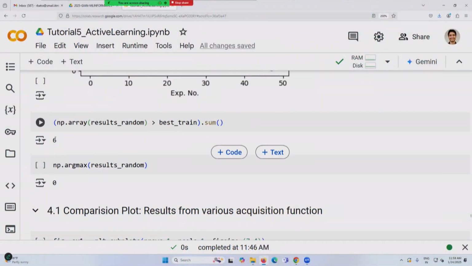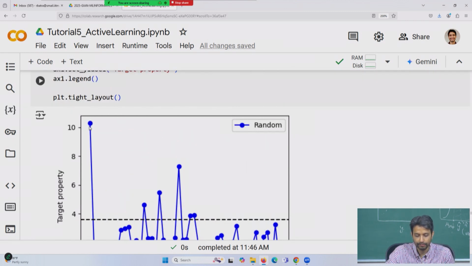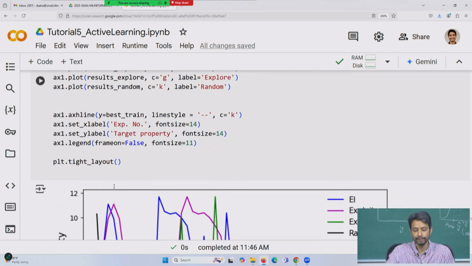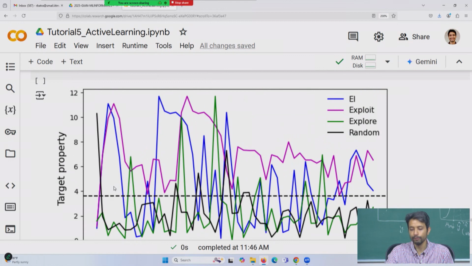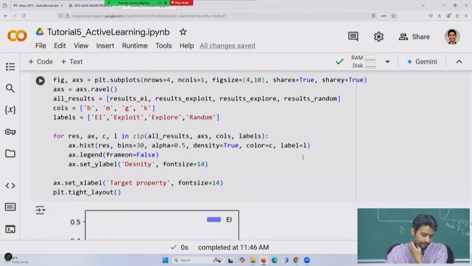Okay. So for this case, with random search only 6 out of 50 resulted in better, and the first random search itself actually resulted in the best case. But anyway, we want to compare these 4 acquisition functions, and this is how the run of all 50 experiments for all those 4 acquisition functions looks like.